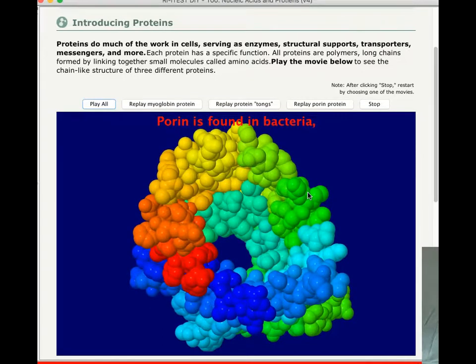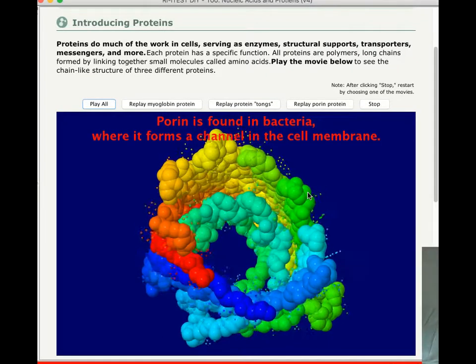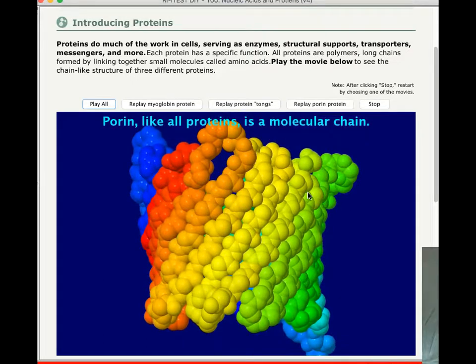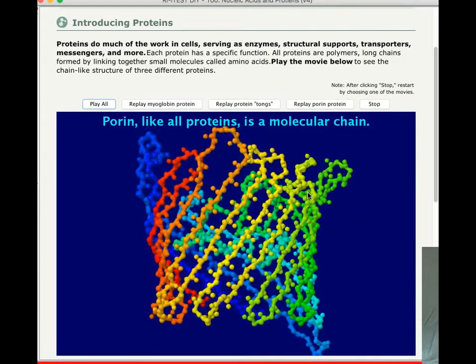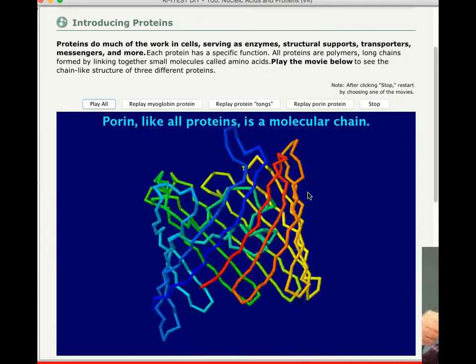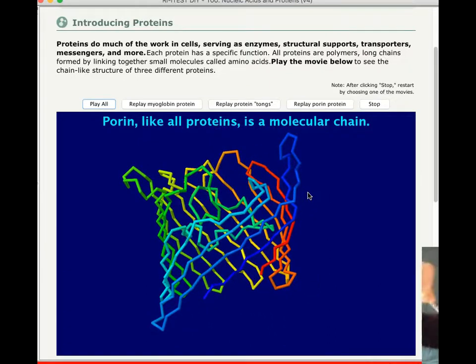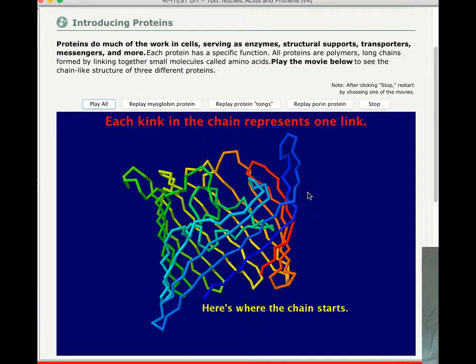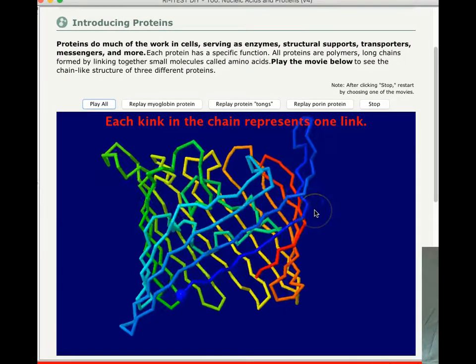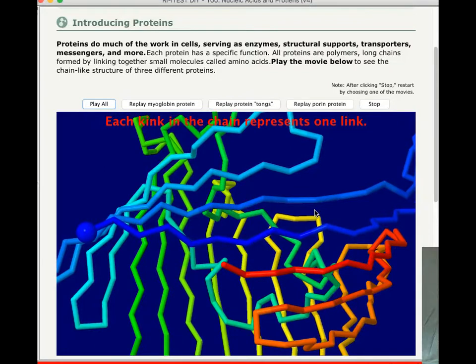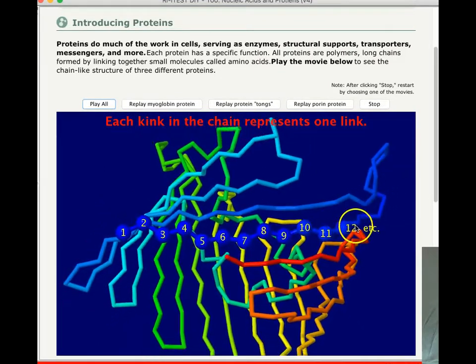This protein is called porin. It's found in bacteria, and it makes pores, or holes, where things can pass through the cell membrane. It's basically a chain kind of woven back and forth to make sort of a pipe. These are all the different amino acids.